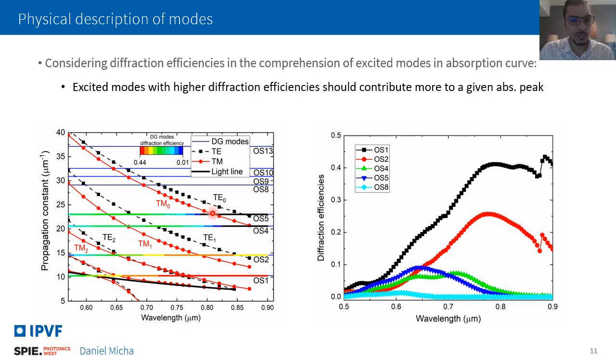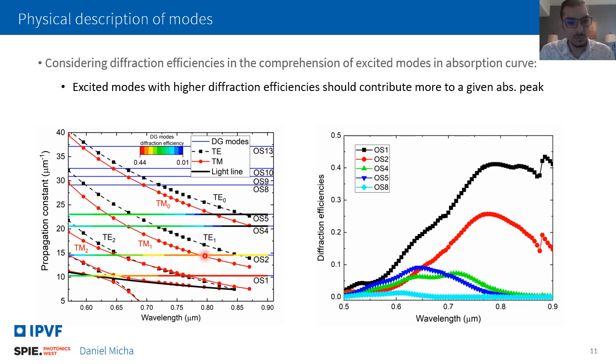For example, this excited guided mode in principle should not be contributing too much to an absorption enhancement, because the amount of energy being directed to that excited guided mode is very low.